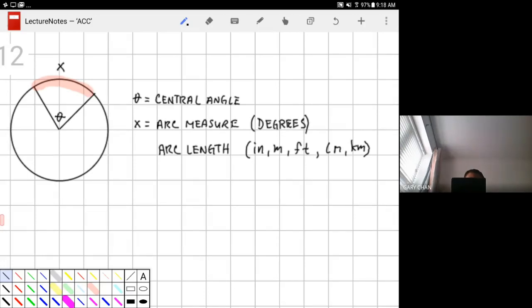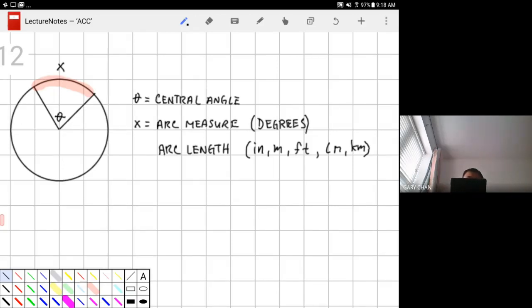And so there are really two different ways of interpreting this. The section highlighted in pink, we can interpret as the arc measure, which has an angle equivalent to the central angle, or we can interpret it as the arc length.